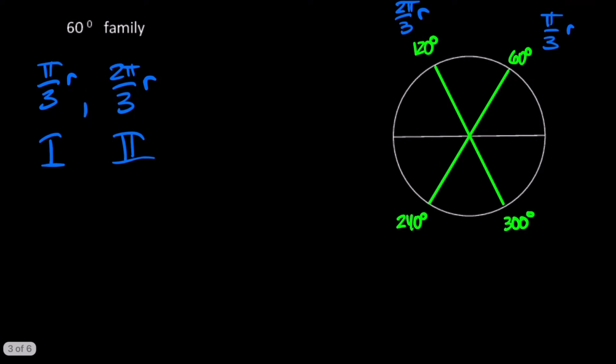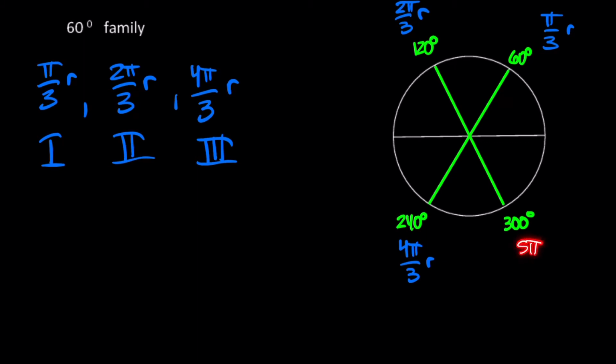Okay, so this angle here is 4 pi over 3 radians. 4 pi over 3 radians is quadrant 3. And this one here would be 5 pi over 3 radians. So 5 pi over 3 radians is in quadrant 4.